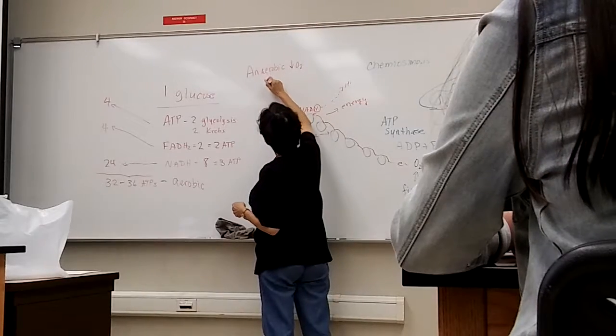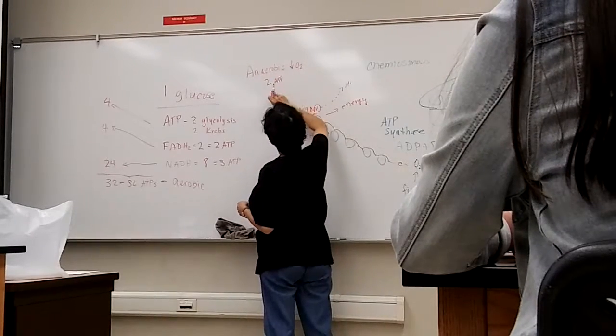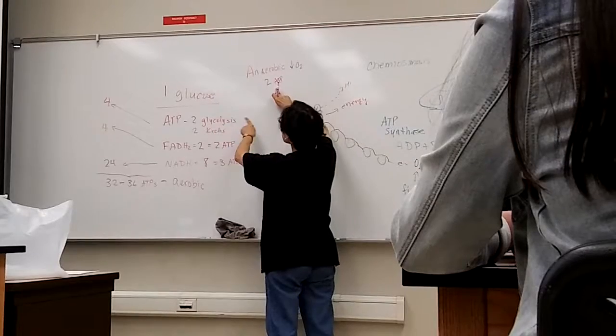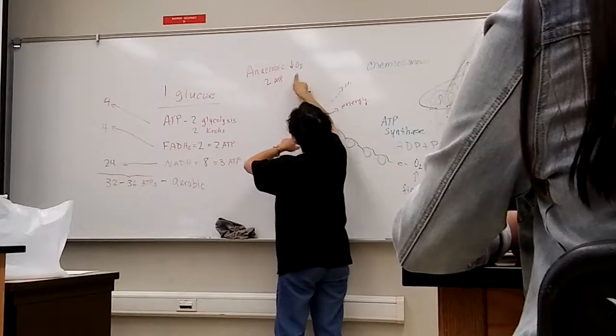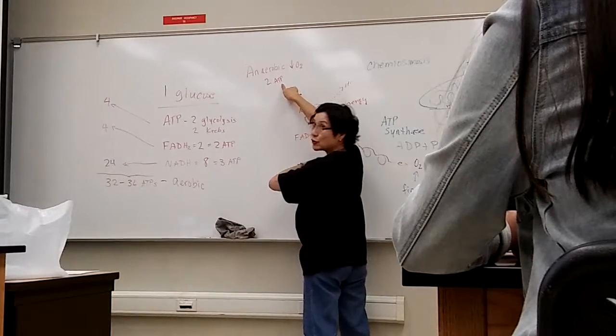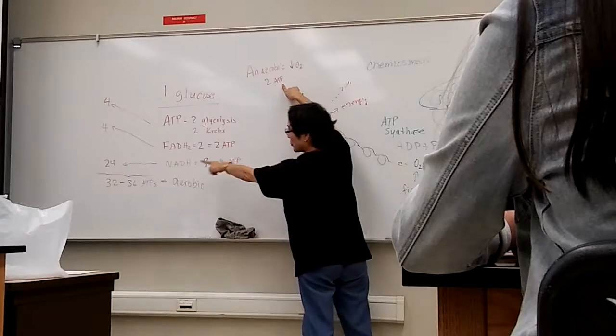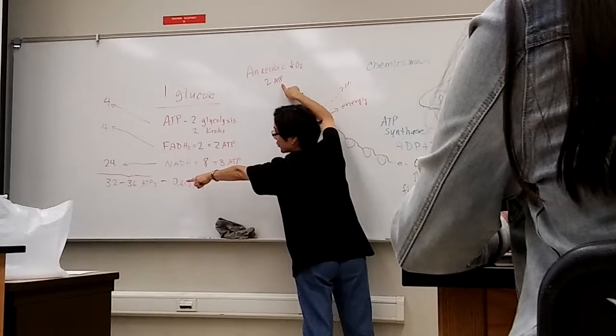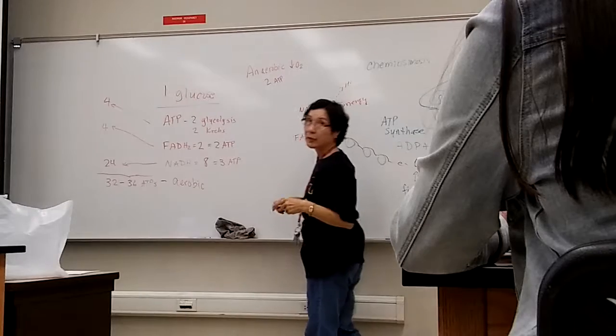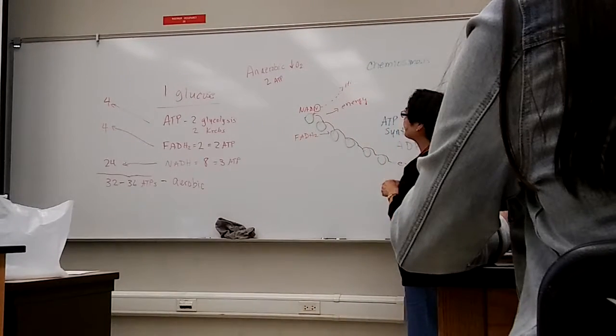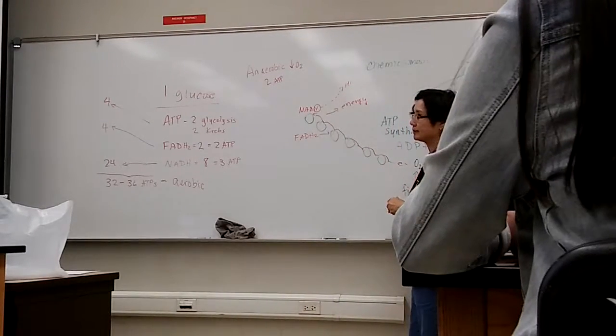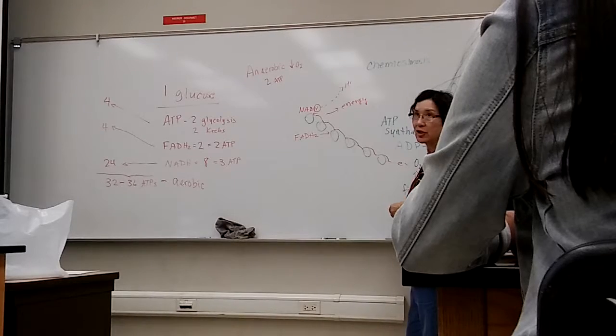So therefore, they would only be able to use the 2 ATPs from glycolysis. So we see here, under low O2, we only produce 2 ATPs per molecule of glucose. Under aerobic conditions, we produce a lot more, up to 36. So 18 times more. Okay, very efficient.